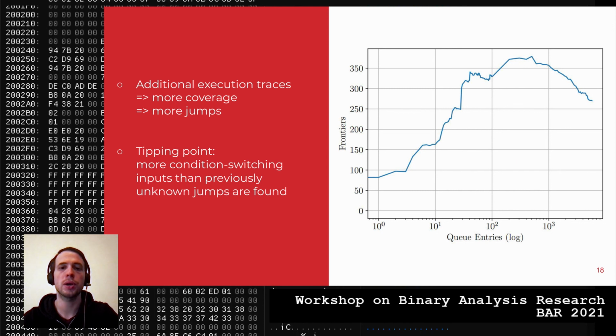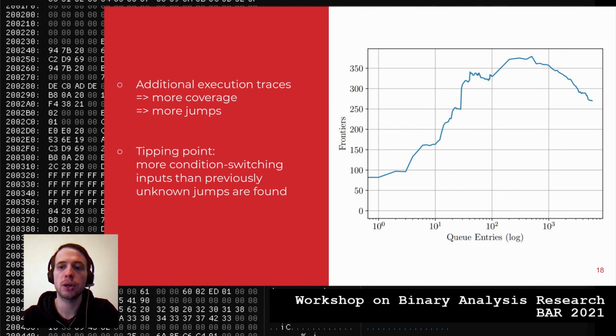At the point where the curve tips, we assume that the fuzzer has found almost all reachable conditional jumps, but now it starts to find new paths, so the other side of this hard to reach jump, let's say. So before that, it would only have gone down one side in the call graph, and now it starts finding the other side too, and basically starts to explore the program almost fully.